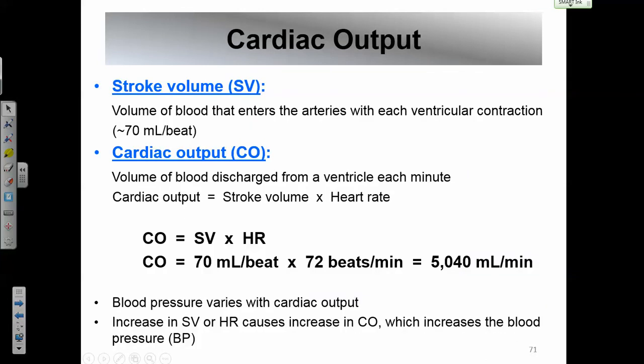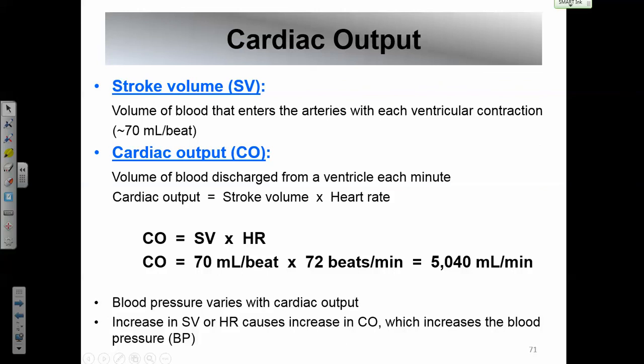Okay. Now, your cardiac output is basically how much blood leaves the heart each minute, and it's based on the heart rate, and then also how much blood leaves with each ventricle contraction. That value is called your stroke volume. Each time the ventricles contract, how much blood leaves the heart.